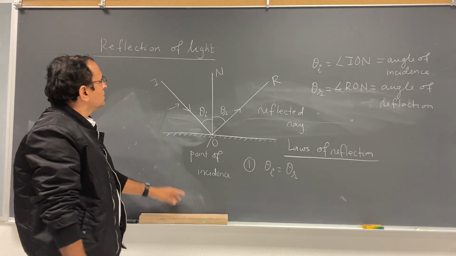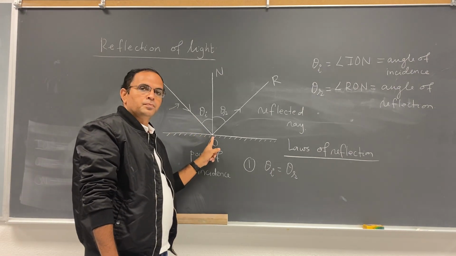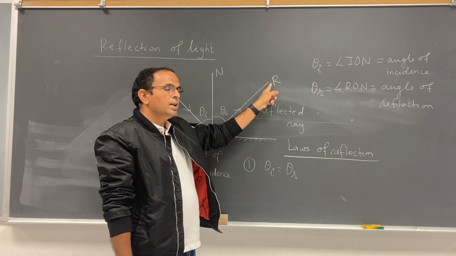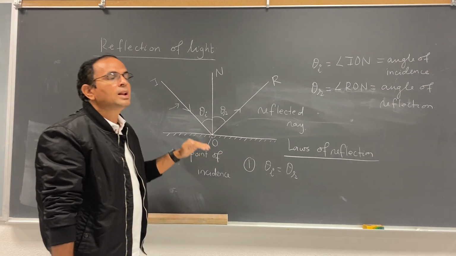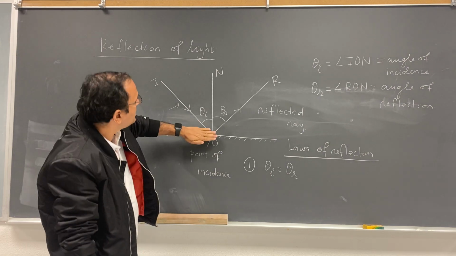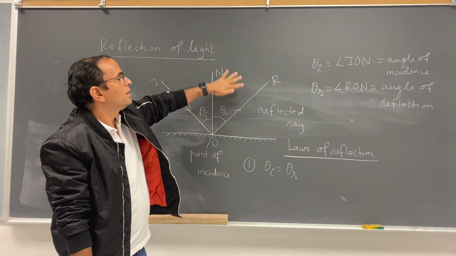Look at this: the incident ray, the reflected ray, and the normal at the point of incidence all lie on the same plane. So this plane here, the plane of the board.